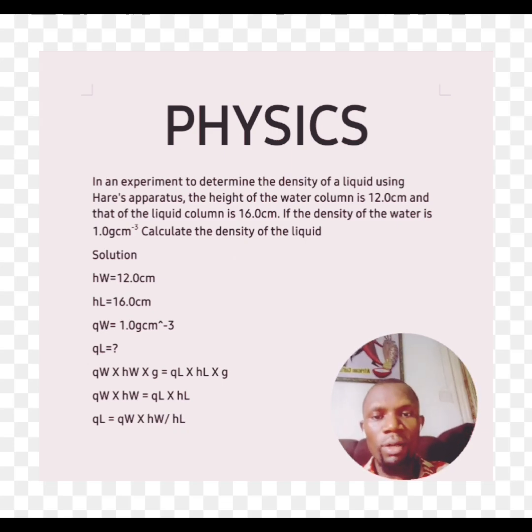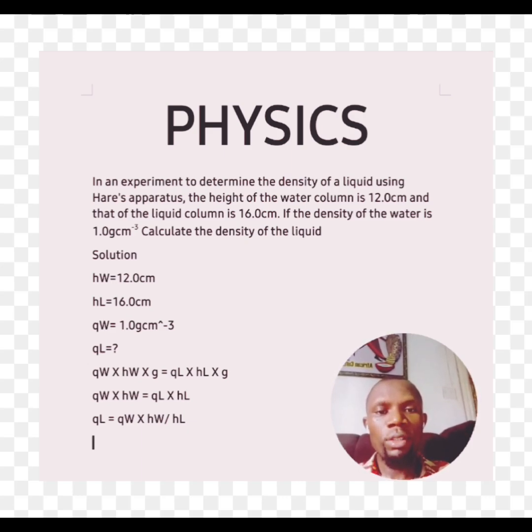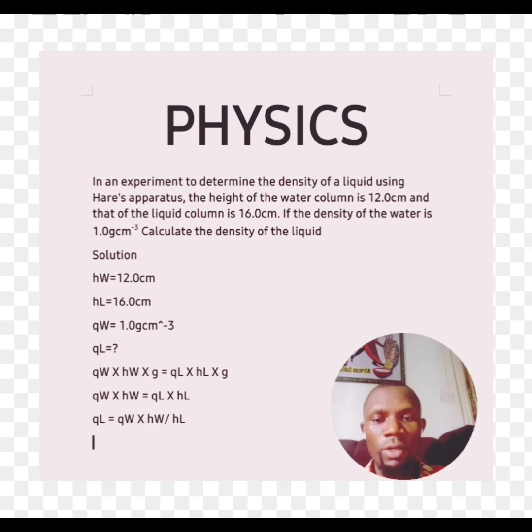Okay? Because I am looking for the density of liquid. So the next thing I need to do, I'll need to substitute all my values into my parameters. Okay? So let's proceed.